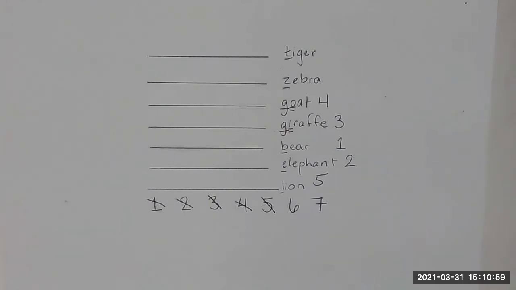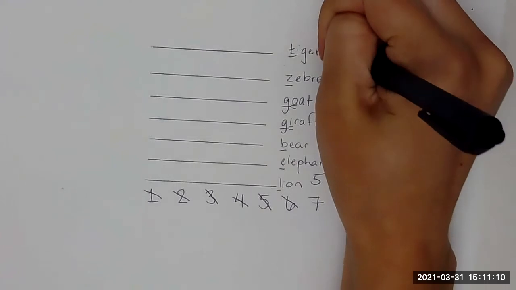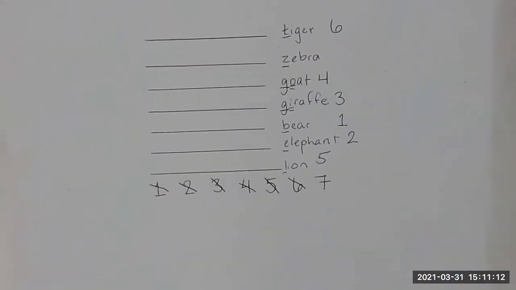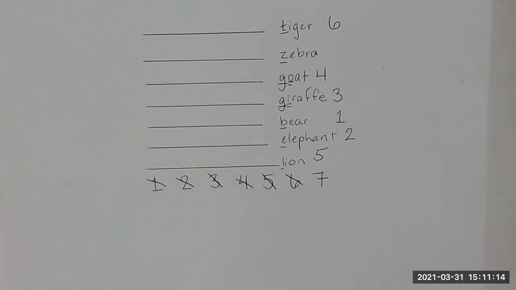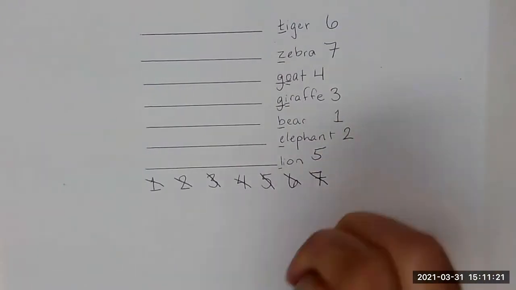Nope. T? Yes. There is a T. We're going to write the number 6 next to the word tiger. And finally, we will write the number 7 next to the word zebra.